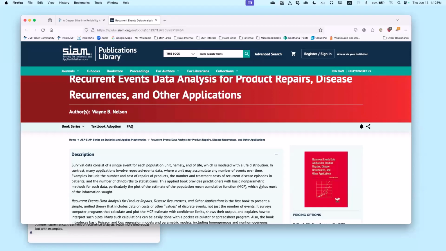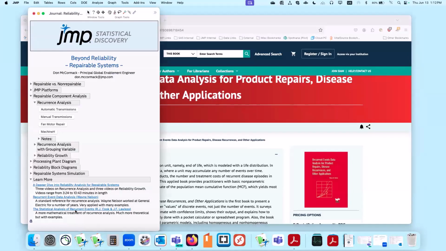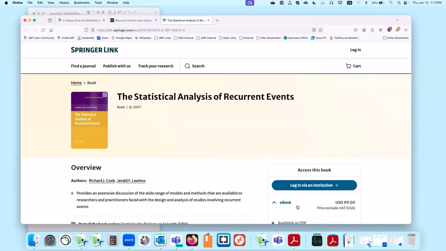I was fortunate enough to take a short course that Wayne gave at the Quality and Productivity Research Conference back 20 years ago. And this is where these examples actually come from. Actually, I believe they're in his book as well. If you want something a little bit deeper from a mathematical standpoint, this is the book to look to. This is what I keep on my bookshelf. It's Cook and Lawless.